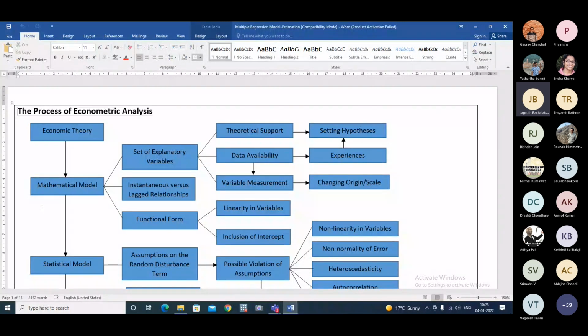Again, someone else may write yi is equal to alpha plus beta by xi plus ui, and may test the hypothesis that beta is statistically significant and positive.